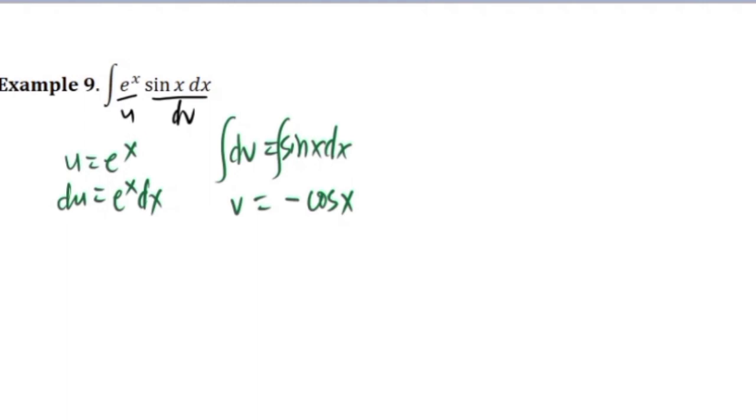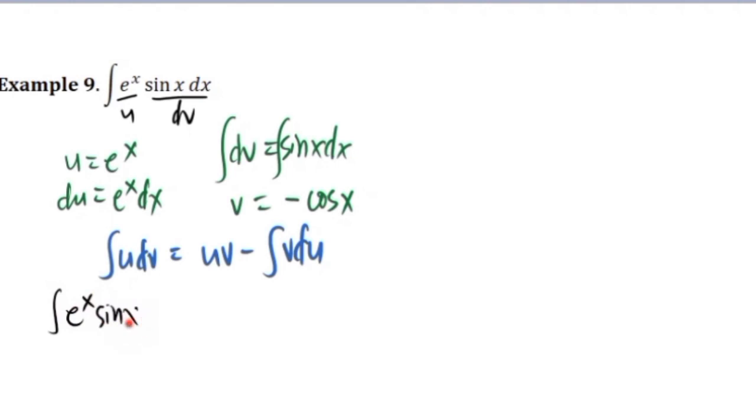So applying the formula, integral of u dv is equal to uv minus integral of v du. So we have integral of e to the x sine x dx is equal to uv.